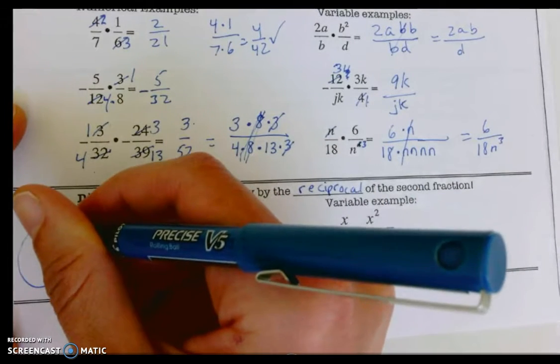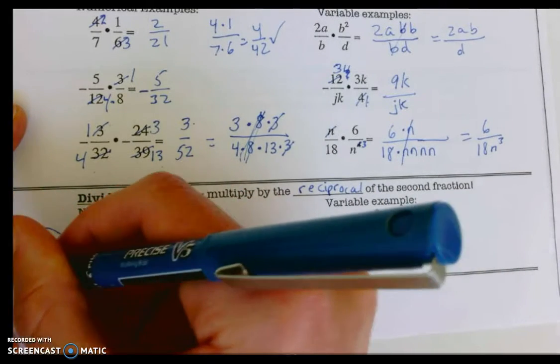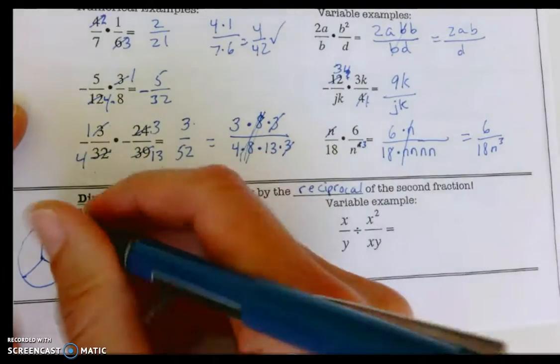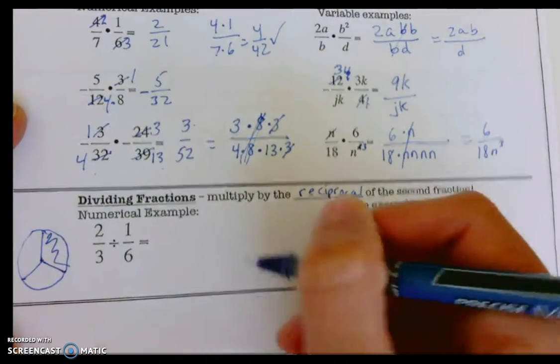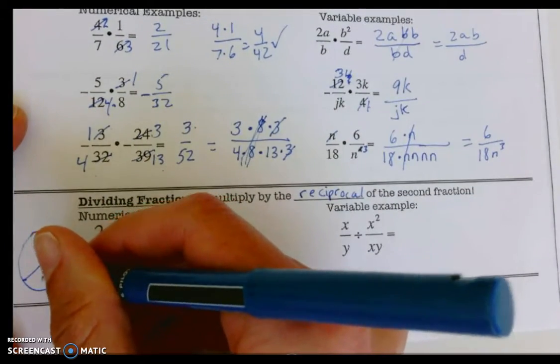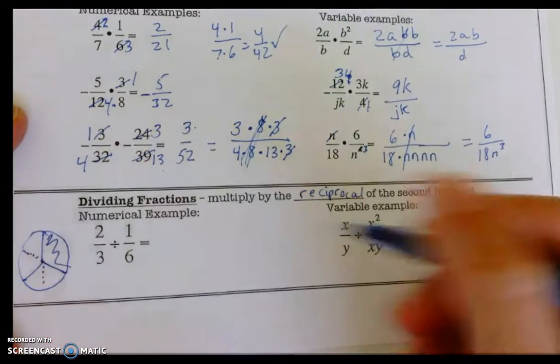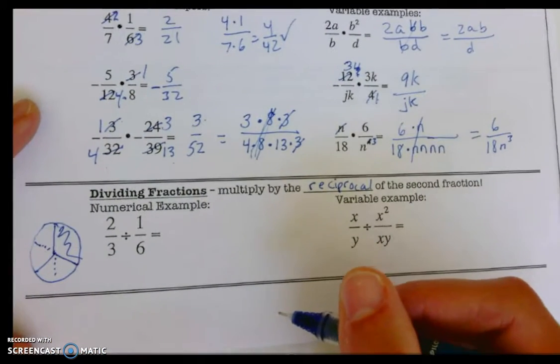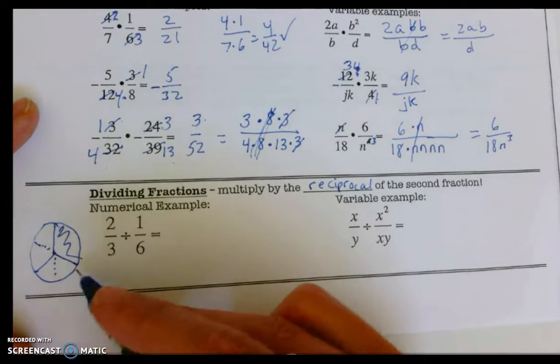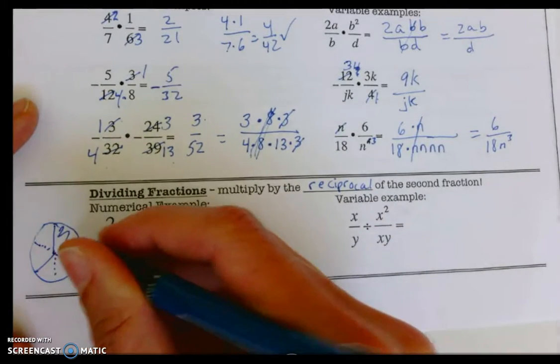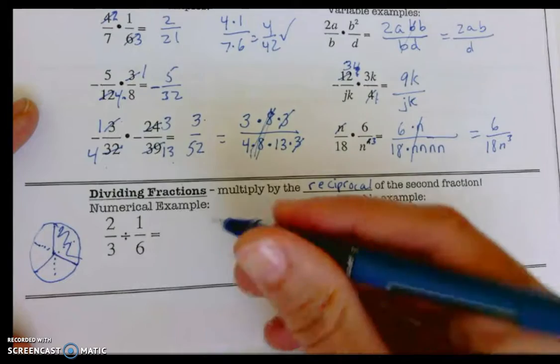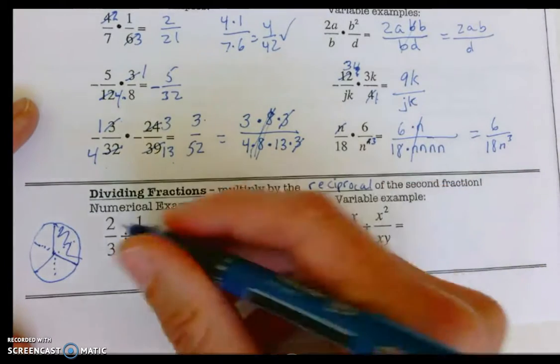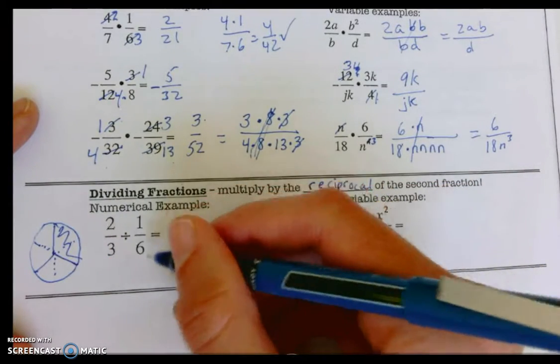So let's say you've got a pizza, 2/3 of a pizza left over, and you want to know how many sixths are in it. Well, I know that if I divide the pieces in half, I'll have a size that is a sixth. Every third divided by 2 is a sixth. But I've got 2/3, and I want to know how many sixths.